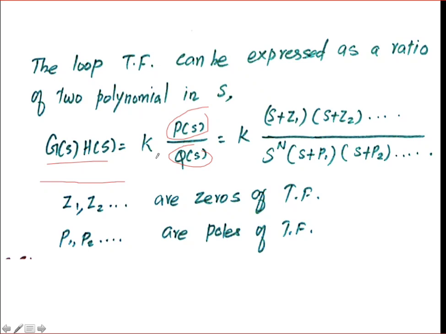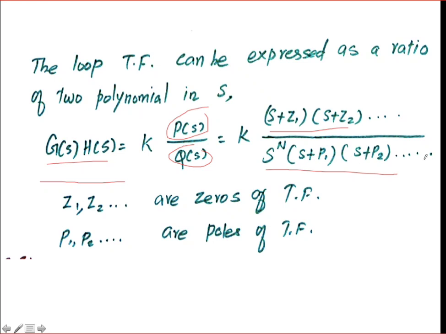So K into P of s by Q of s, P of s the numerator polynomial and Q of s the denominator polynomial. Just assume that G of s into H of s is K into (s plus z1)(s plus z2) and so on up to infinity, divided by s power n, (s plus p1)(s plus p2) and so on up to infinity.